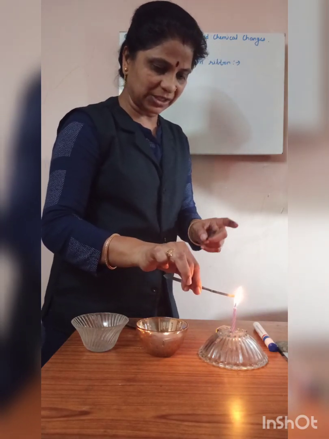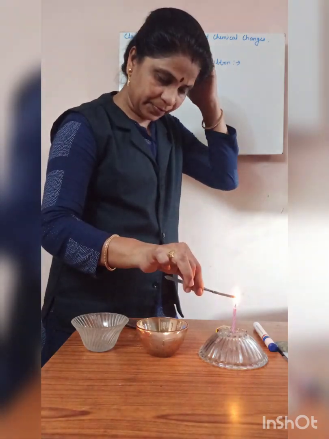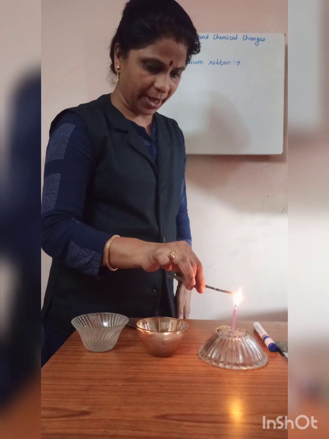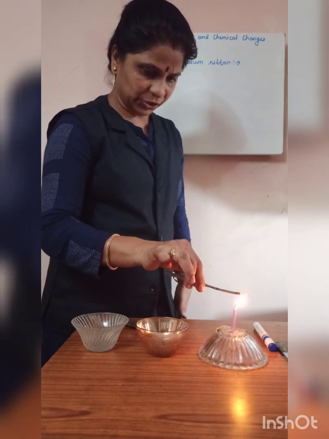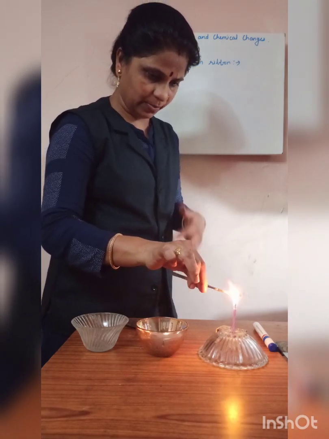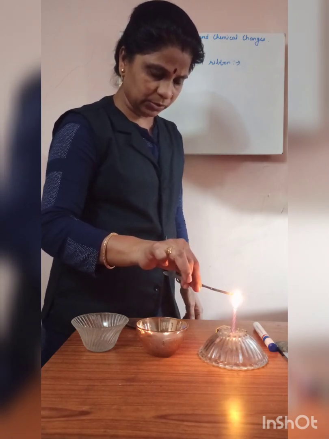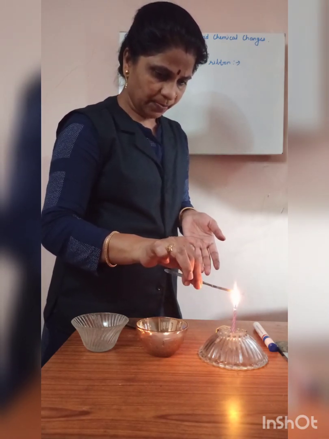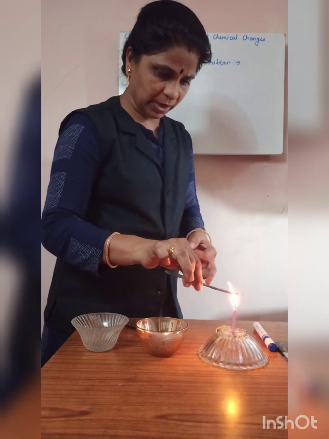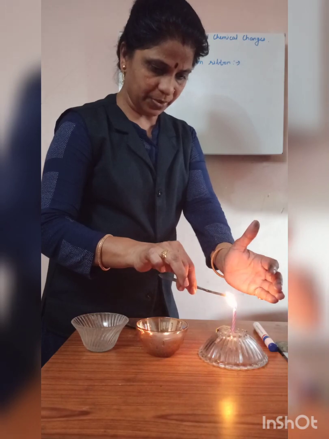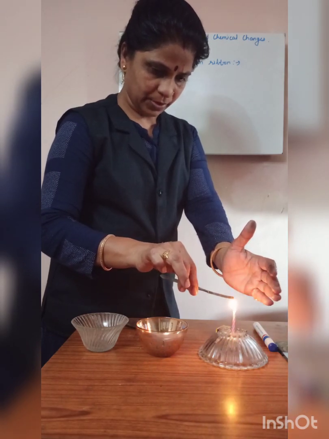It will burn with dazzling light, and this magnesium ribbon will convert into white powdery ash. It is a chemical change, because a total change we are going to see here. This magnesium ribbon will convert into powdery ash within seconds.